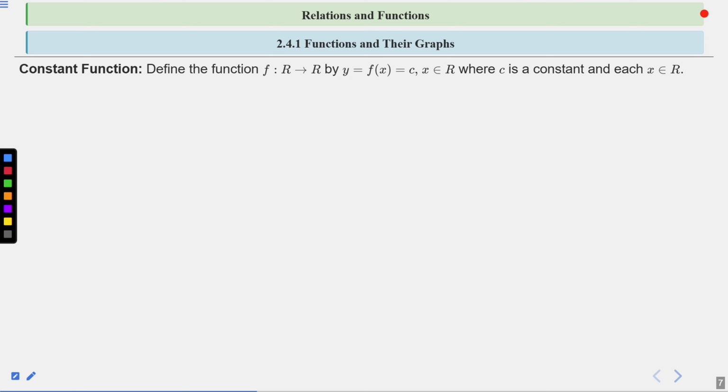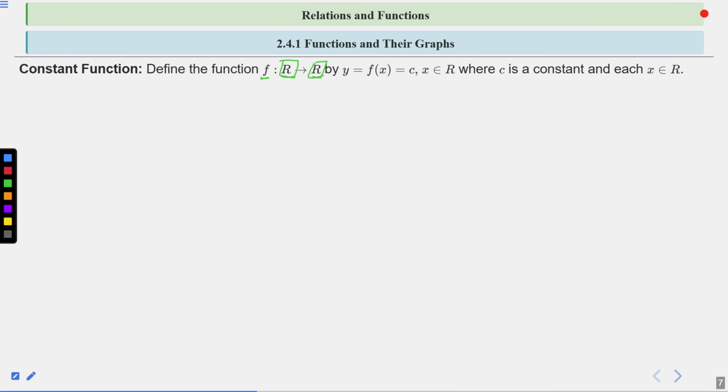Now, constant function. So, function f defined from R to R. This R is its domain. This R is its codomain. Clear?